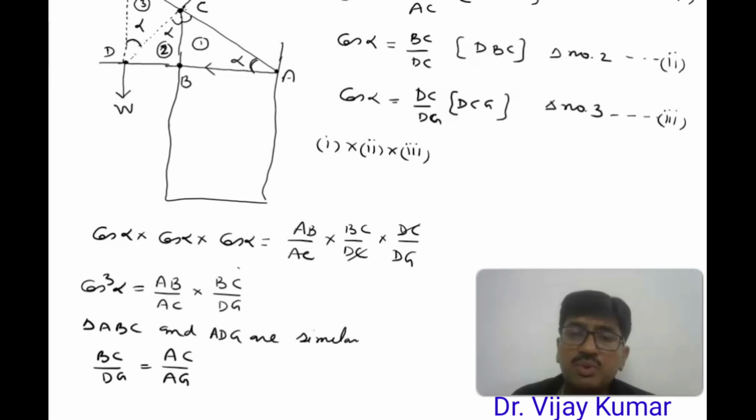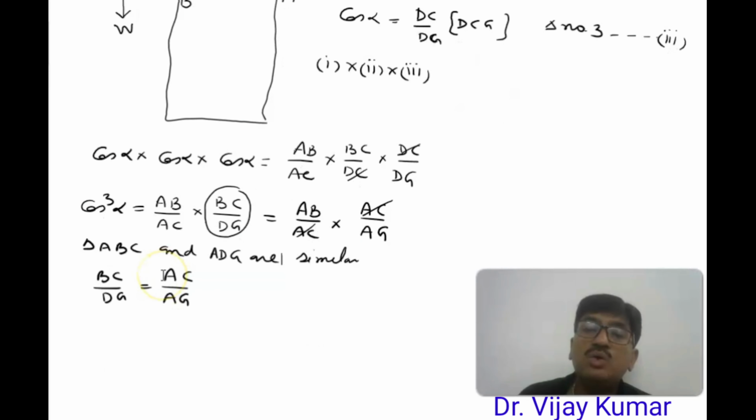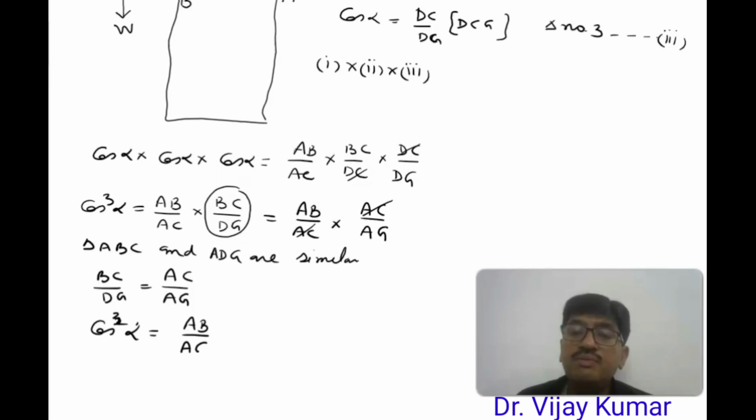So this BC upon DG can be replaced by AC upon AG, and we can write AB upon AC into AC upon AG. Now AC can be cancelled out, and cos cube alpha becomes AB upon AG.